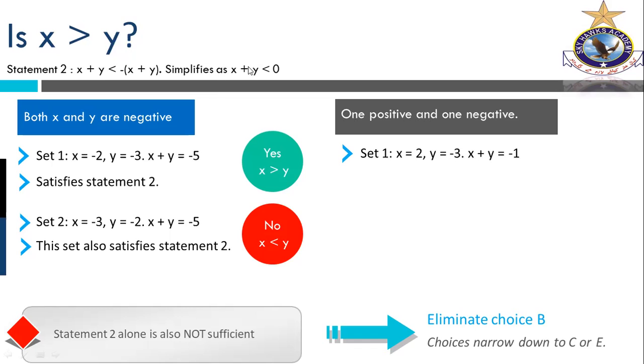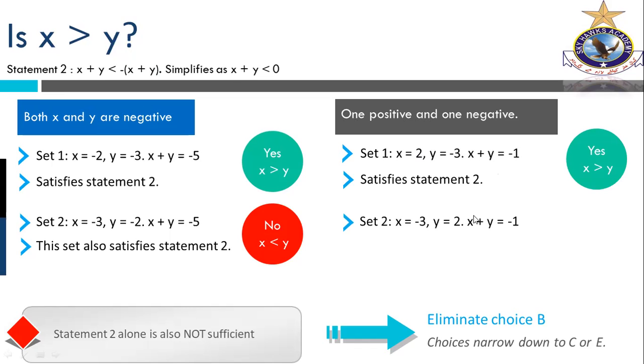The sum is once again negative, satisfying statement 2, and yes, x is greater than y. So 2 is always greater than minus 3. Now set 2: if we alternate the values, we will get the same answer.